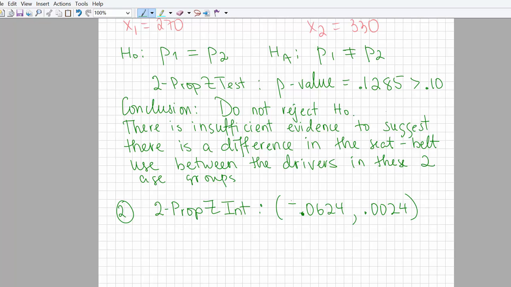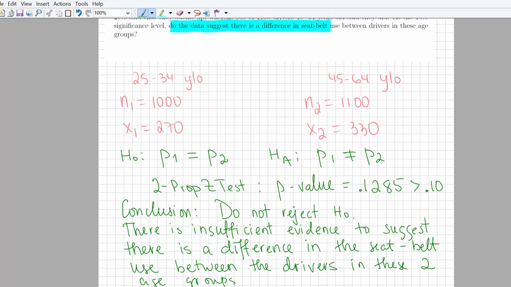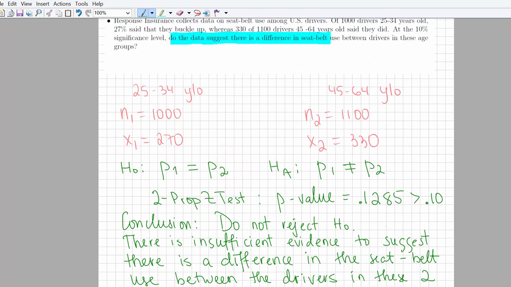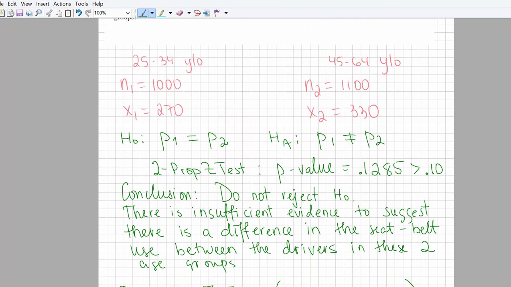What does that really mean? It means that for some samples, the proportion of people that use seatbelt will be higher in one age group, and for other samples it will be higher in the other age group, and for some samples it will be the same. That's why there is a 0 there. So this is actually consistent with the conclusion from the hypothesis testing.